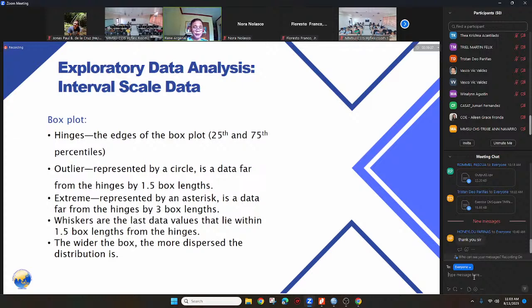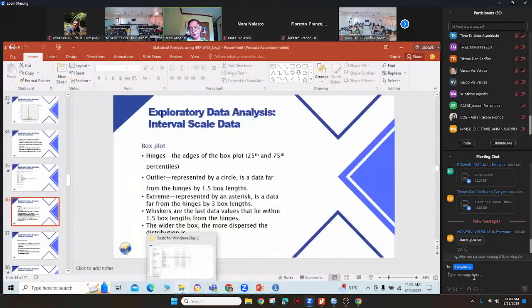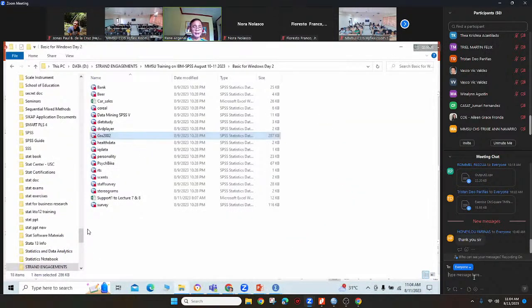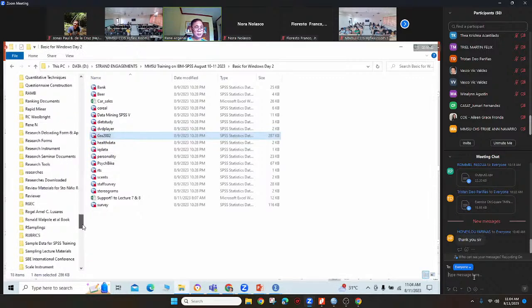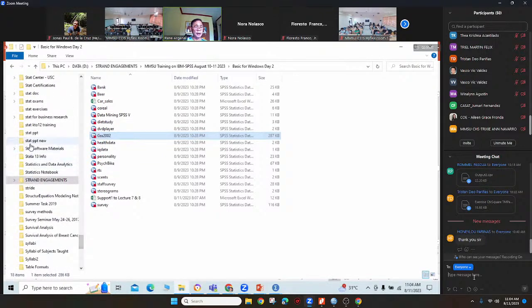Just to give you some background, when I started teaching statistics, I was not familiar with these outliers. But as I explored more on statistics, I am now able to identify how to determine whether an observation is an outlier or not.